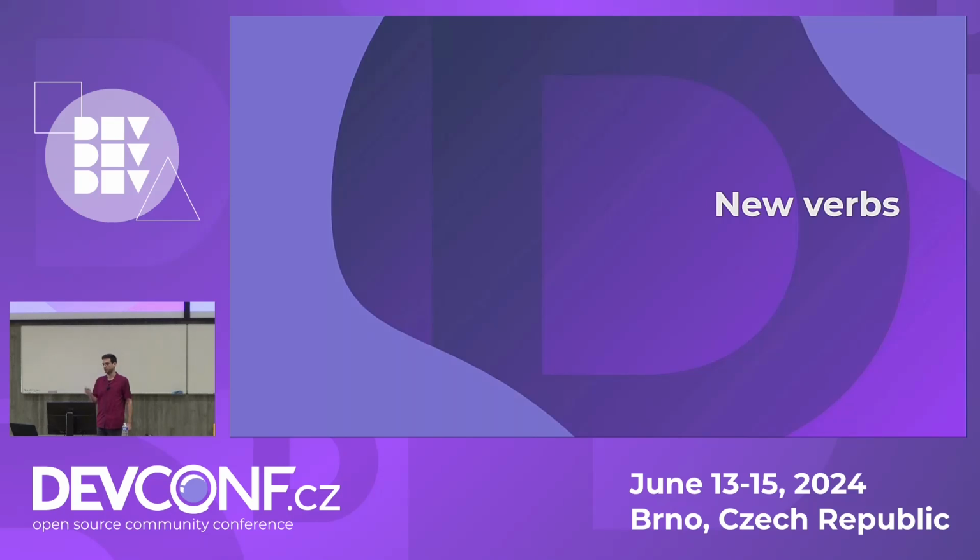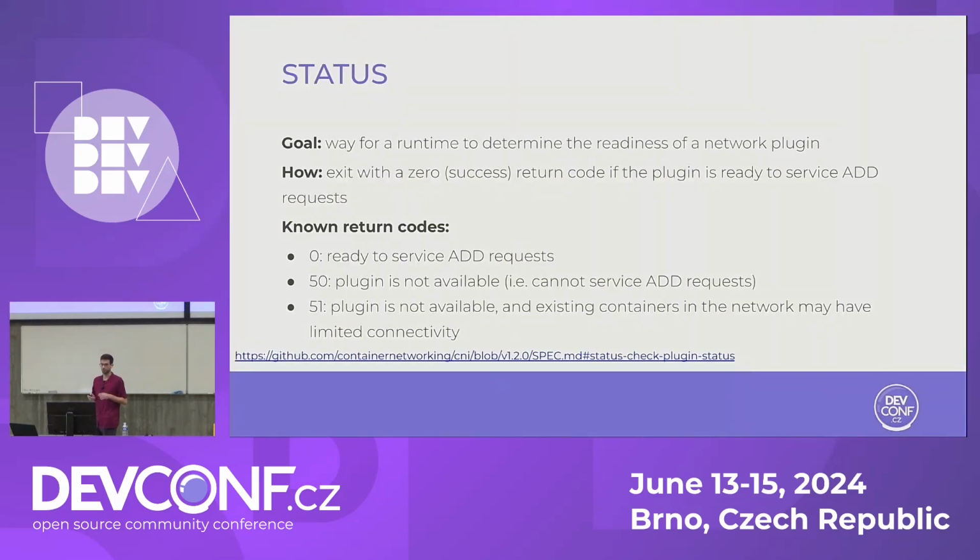So now, the new verbs. And I hope by now we understand why they are useful. I'm now going to introduce them. The first one is status. The goal is quite clear. You want to know if the network is ready to accept traffic. According to CNI spec 1.1, it returns 0 if it's ready, or an error code.